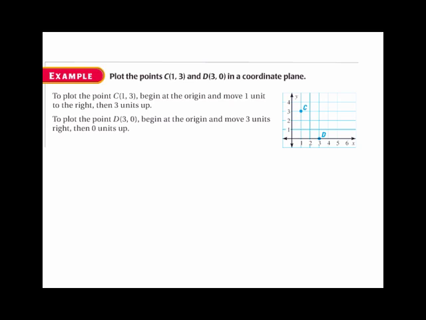To plot point C, we begin at the origin and our x value says 1, so we move 1 unit to the right. Our y value is 3, so we're going to move 3 units up. To plot the point D at (3, 0), again, begin at the origin, move 3 units in the x direction, which is to the right, and then 0 units up. So D actually lies on the x-axis.